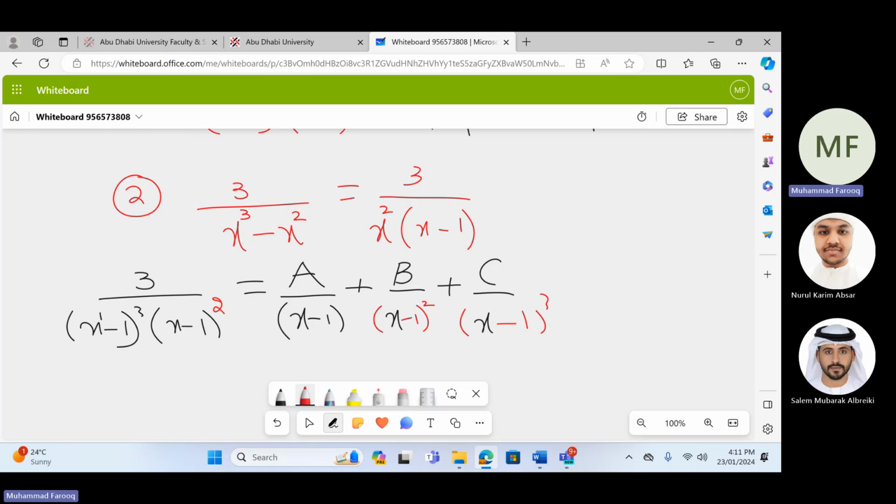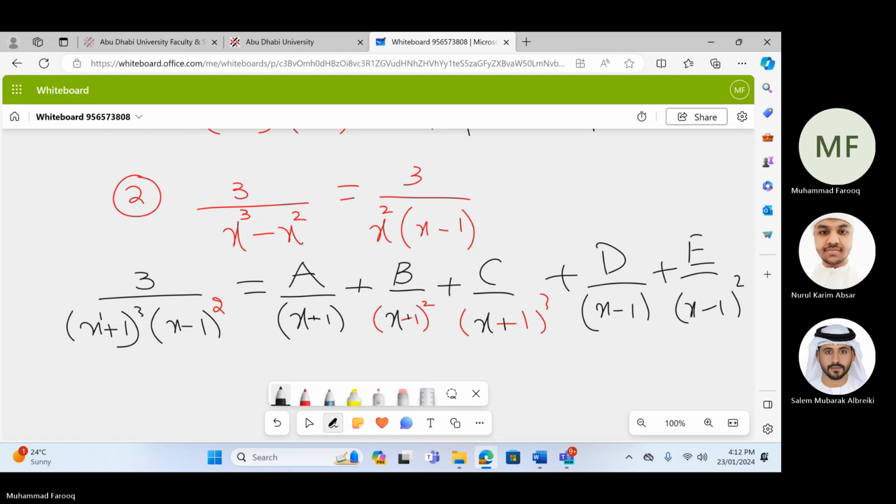Then you have, plus d over x minus 1 power 1 plus e over x minus 1 power 2. All are repeating. The first one is repeating 3 times, and the second is repeating how many times?